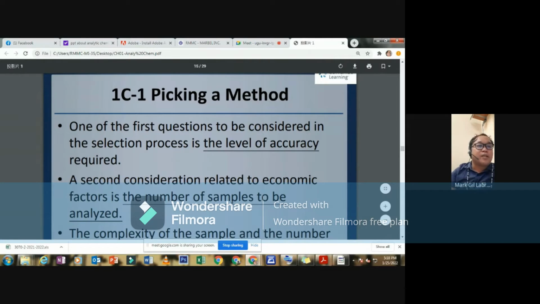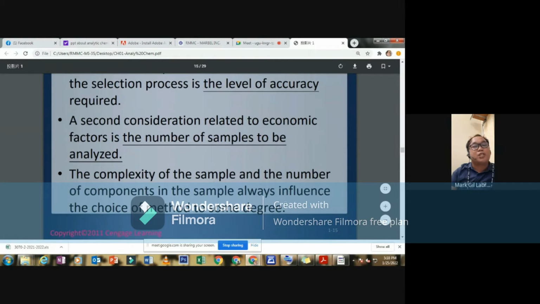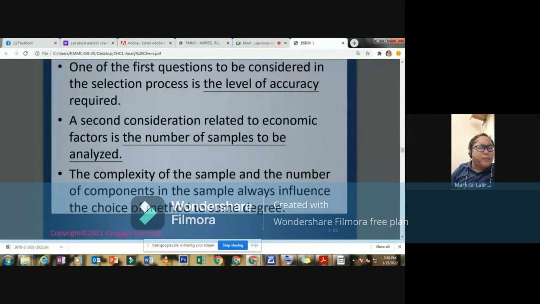A second consideration related to economic factor is the number of samples to be analyzed. So for example, in research, paano ba tayo magkuha ng samples? Dapat ba marami or konti lang? Based on your experience, paano ba tayo magkuha ng sample?